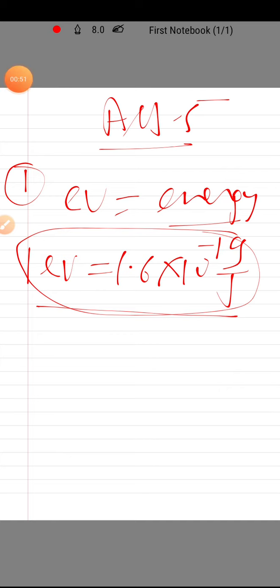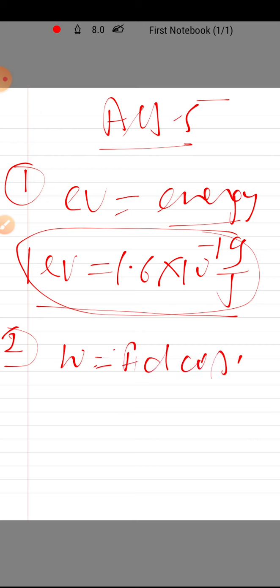Now moving to question number 2. In question number 2, you have to calculate minimum and maximum work. So we know that work is given by W = F into D into cos theta, where F is the force applied, D is the displacement in the direction of force, and theta is the angle between force and displacement.